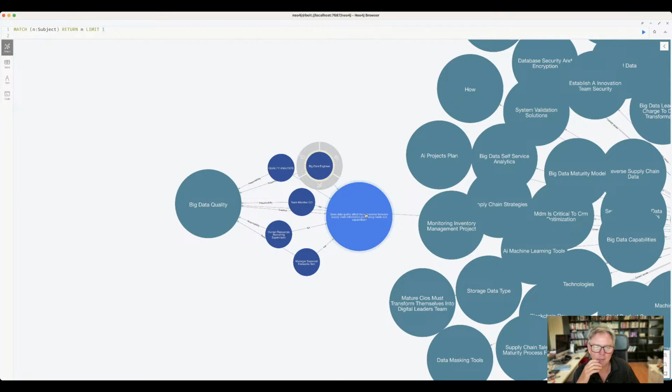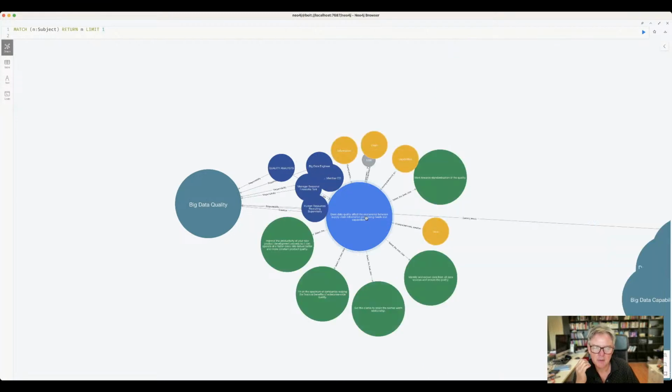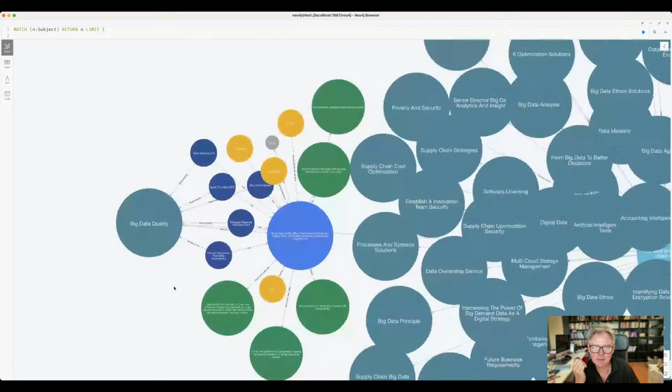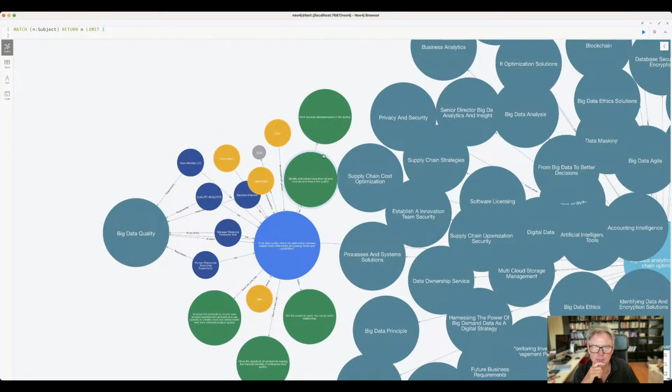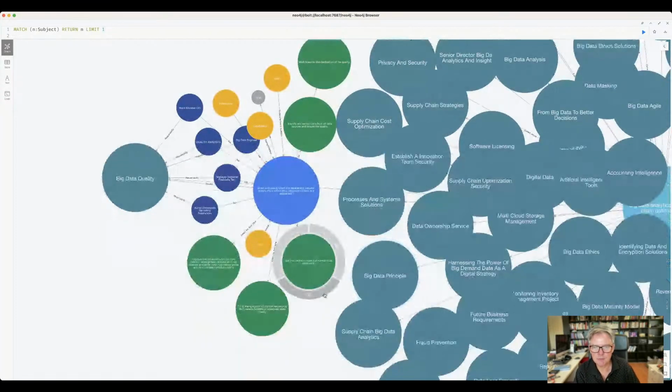Now, when I click on the question itself, what opens up are related areas, things that you can focus on. Work towards standardization of the quality, identify and extract data from all data sources and ensure the quality, reap the financial benefits of enterprise-wide quality, and improve the productivity of your new product development process so it can operate at a faster clock rate.